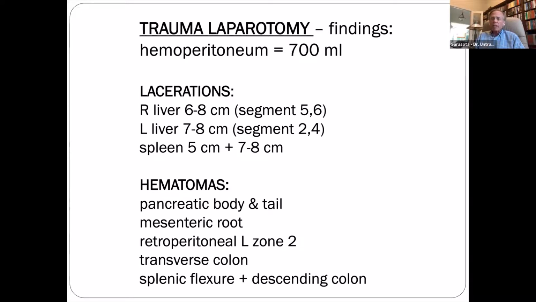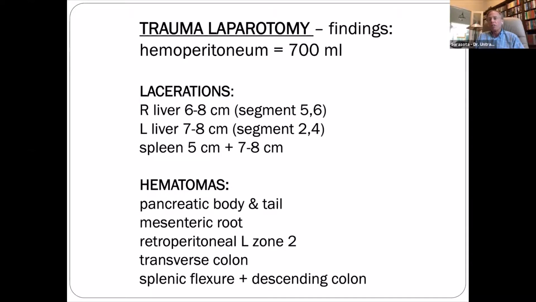I would really look very carefully at the pancreas, and at least leave a drain. And the hematomas in the body and the tail, I would probably try to clear them away. And then the hematomas in the colon, just be sure that it's not going to result in a leak later. If they're superficial, fine.